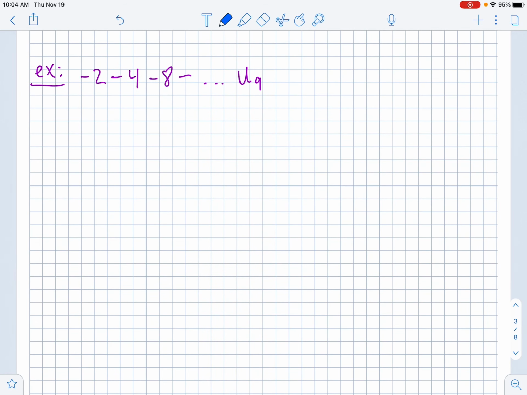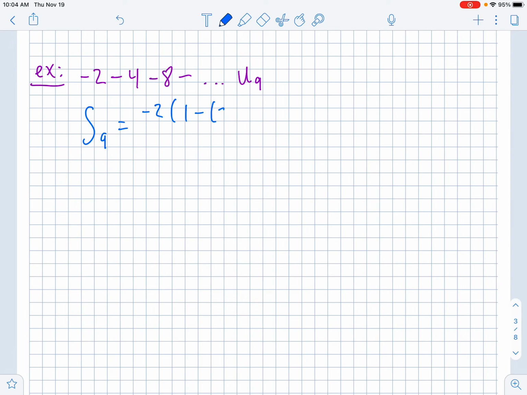Next problem. Well, how's it changing? -2, -4, -8. This looks geometric to me, that it's getting multiplied by 2 each time. So, if we're going to find the first 9 terms of a geometric series, it's the first term times 1 minus r to the n.